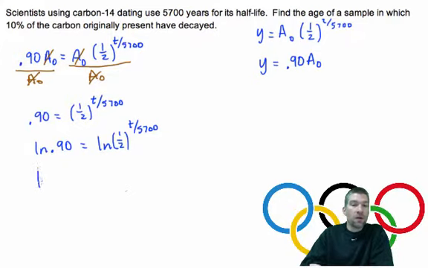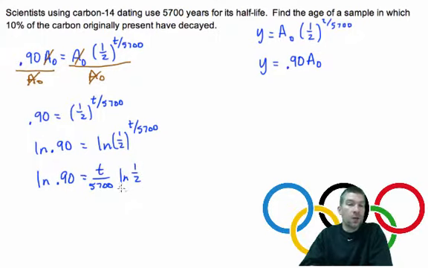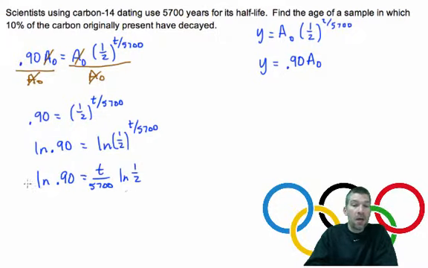So natural log of 0.90 is equal to t over 5,700 times the natural log of 1/2. Okay, and again, we're trying to get the t all by itself here. So we would multiply both sides by that 5,700.